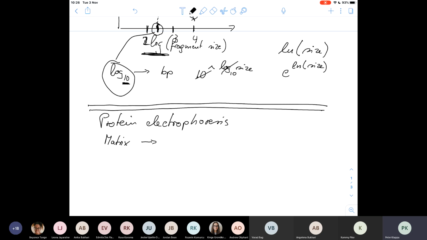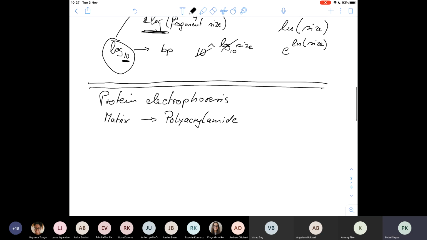In this case, the matrix is not agarose, it is polyacrylamide. And polyacrylamide forms smaller pores because proteins are usually smaller than DNA or RNA molecules. But we still have pores.